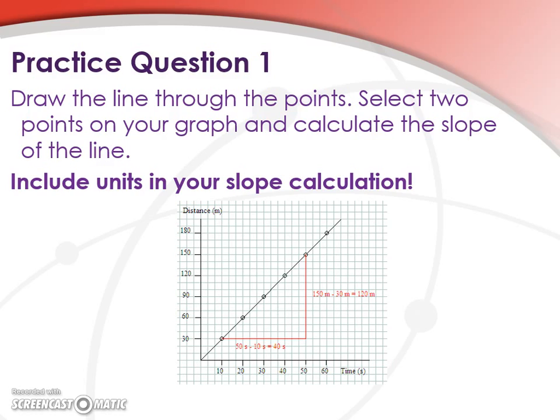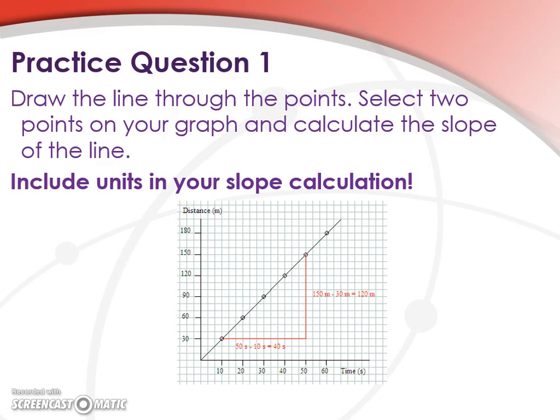Okay, so I've done mine here, and you can see based on the points I chose, the 10-second point and the 50-second point, my time elapsed is 40 seconds, and on the vertical axis you can see I chose the 150 meter point here, the 30 meter point here, subtract and get 120 meters.